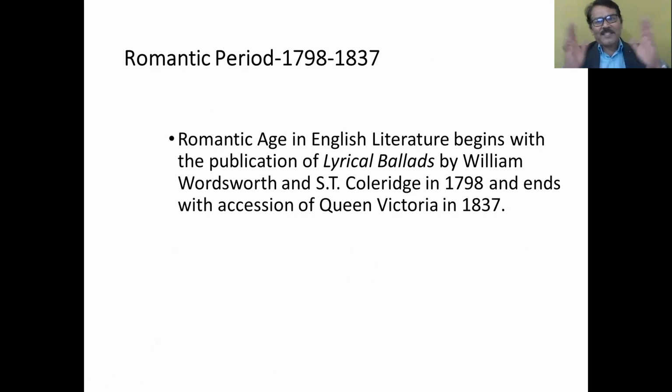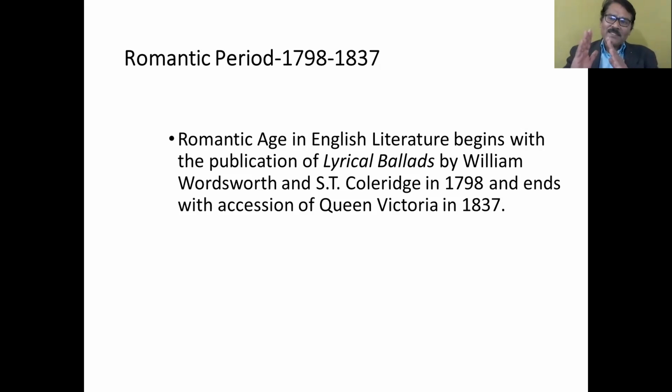As far as periodization is concerned, the Romantic movement is said to have started with the publication of Lyrical Ballads in 1798, a joint publication by William Wordsworth and S.T. Coleridge.